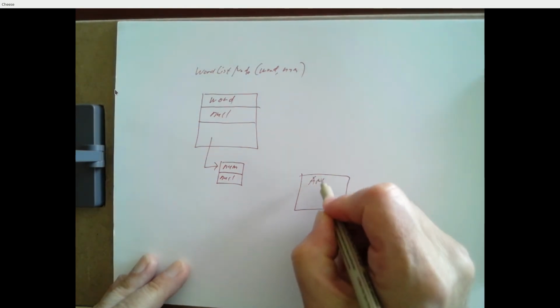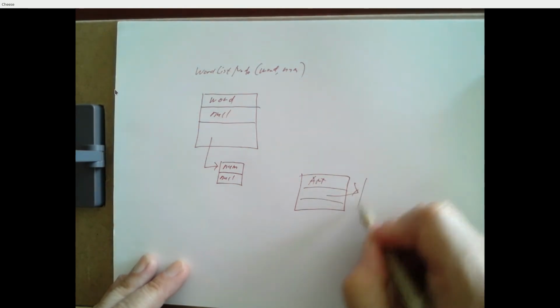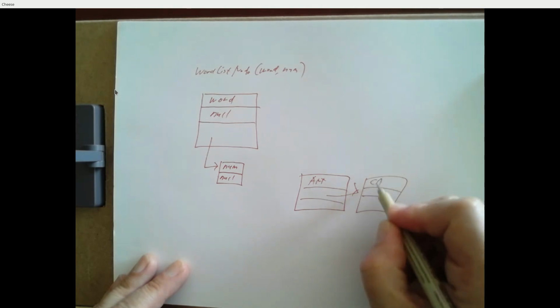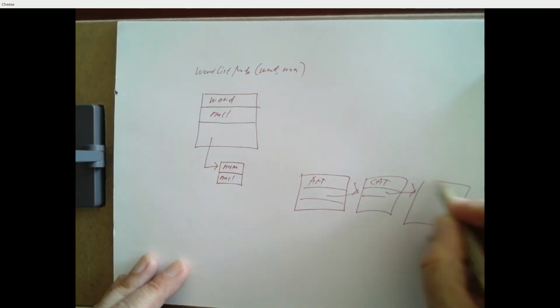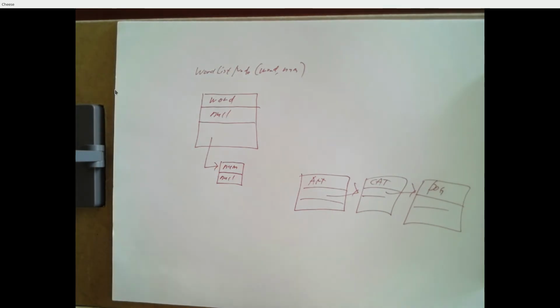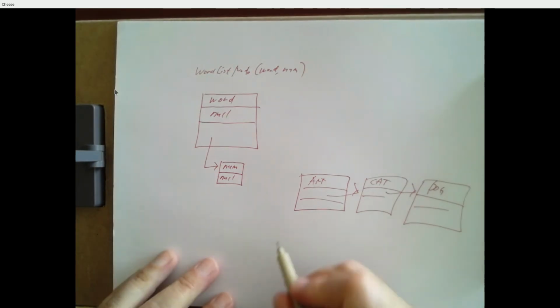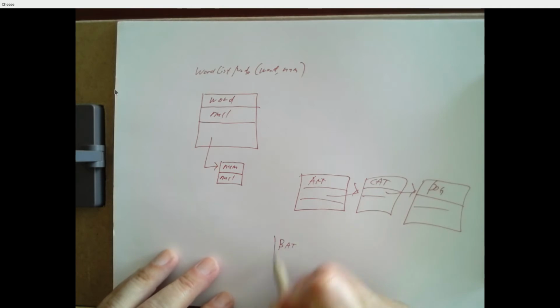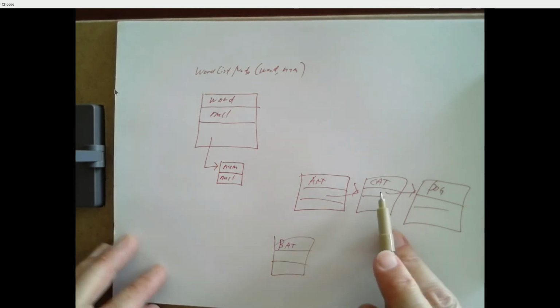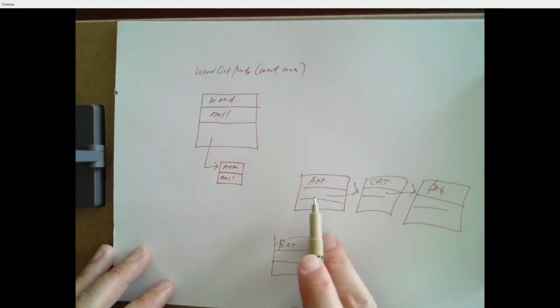So when you first begin this, here's ant, and here's cat, and here's dog. And if I'm inserting the word bat, I'm going to come down eventually and discover it should go before cat, and I'll have ant point to bat and bat points to cat.